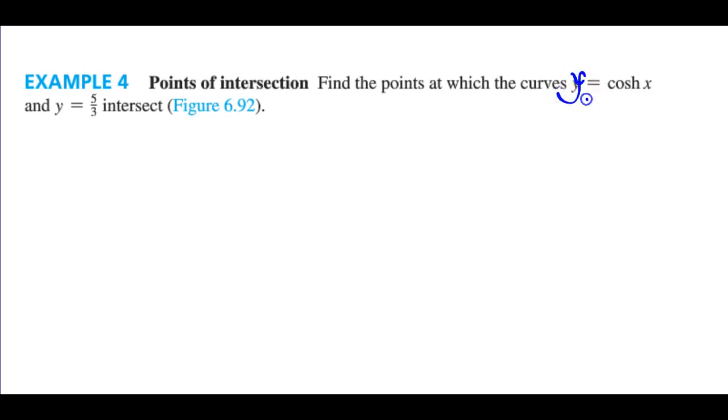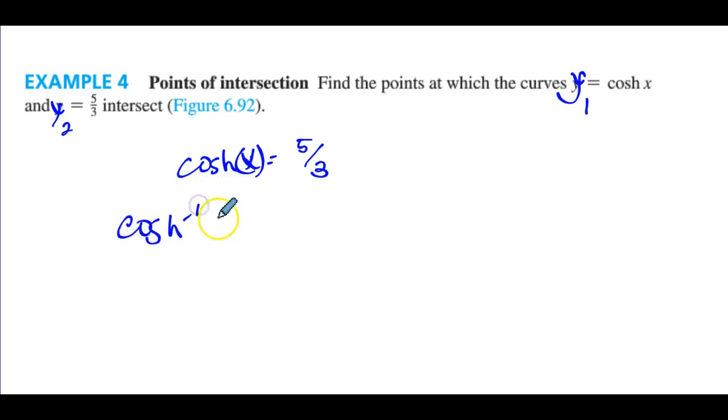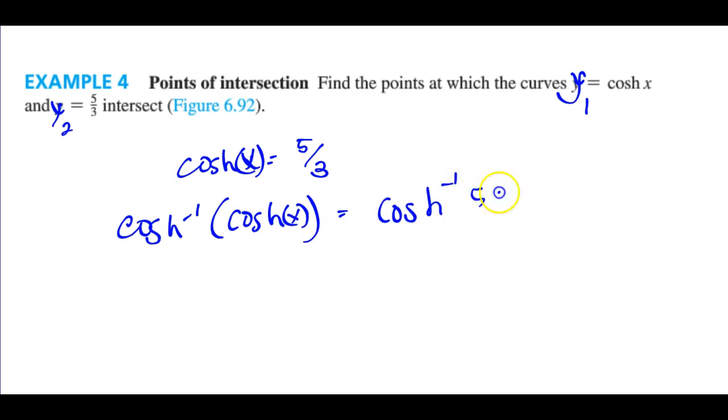So in this one, we want to know, when does y sub 1 intersect y sub 2? And all we have to do is set y sub 1's function equal to y sub 2 and try to solve. Well, to solve this for x, we're going to do the inverse of both sides. So we're going to take the hyperbolic inverse of the left, and we'll take the hyperbolic inverse of the right.